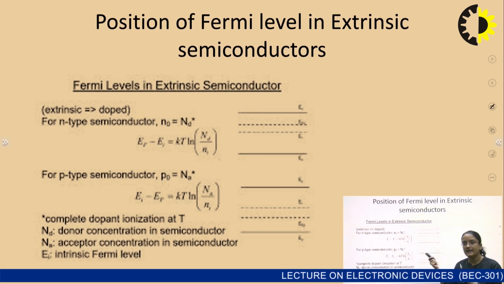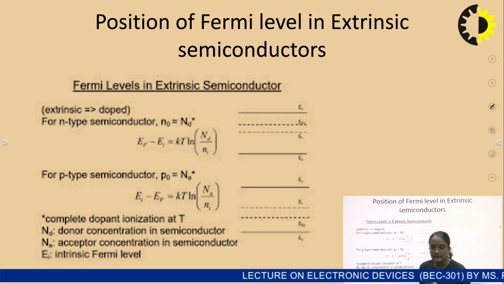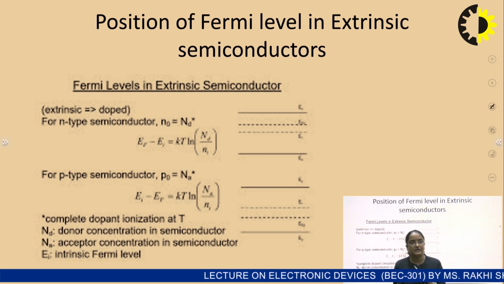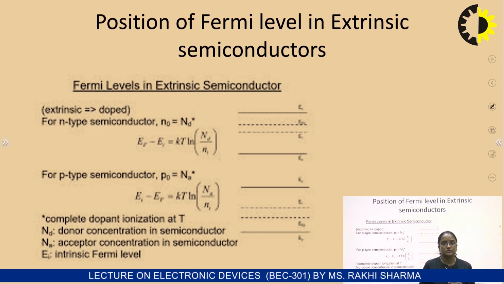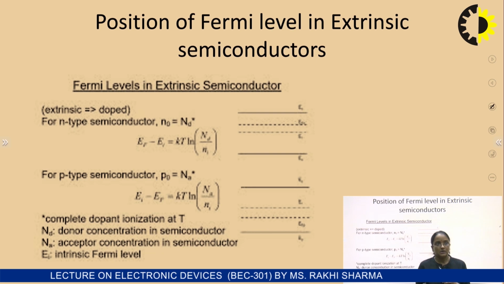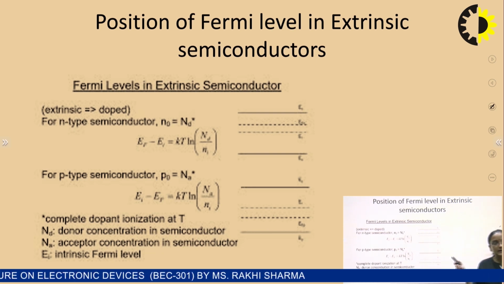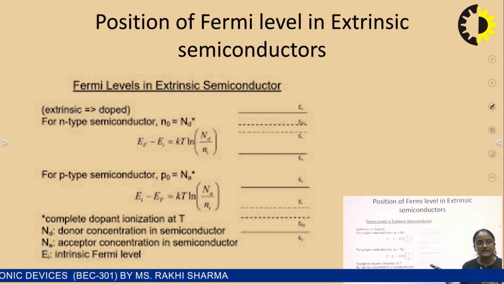Now, what is ND? ND is the effective density of electrons in the conduction band, or in other words, sometimes it is also called the donor concentration. Particularly for the P type, EI minus EF equals KT log NA over NI. What is NA?